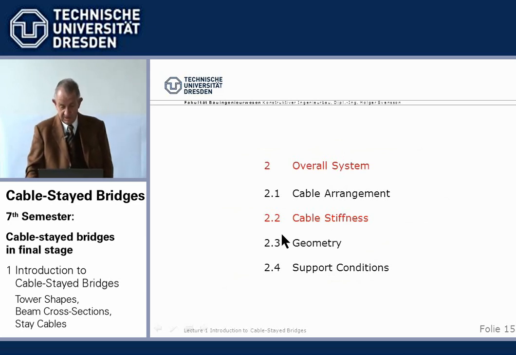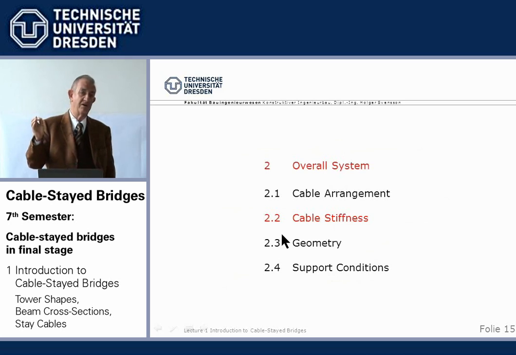Now, the stiffness of a cable stayed bridge depends on the stiffness of the cables. The amount by which a beam deflects, if we put a load on, depends to at least 95% on cable stiffness. And only something like 5% is provided by the tower and by the beam.